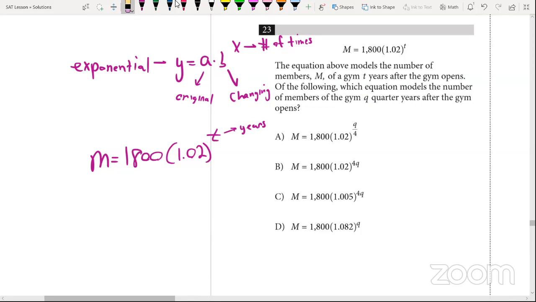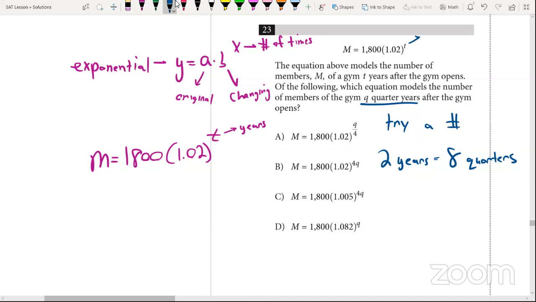So for me, I would say the quickest way to convert between years and quarter years is to try a number. As we change units, which expression is going to create the same change as the original equation is what they're asking us. So what I would do is I would say, well, 2 years is equal to 8 quarter years. 1 year is 4 quarters, so 2 years would be 8 quarters.